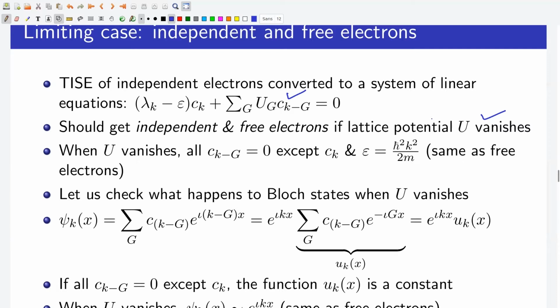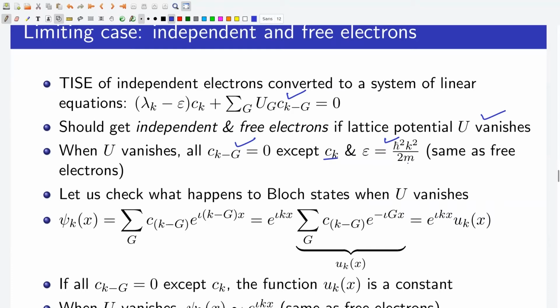Let us verify that. Clearly, when U vanishes, all c_(k minus G) equal 0 except for c_k, and E equals h cross square k square divided by 2m. Thus, the energy eigenvalue is the same as the free electron value when U vanishes.